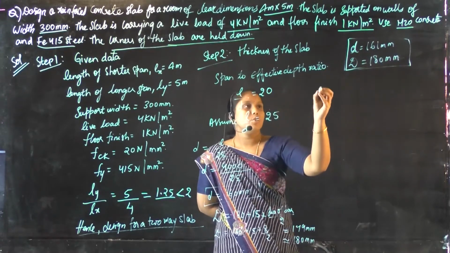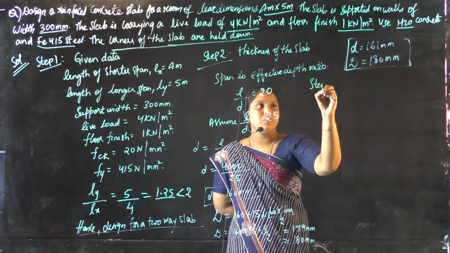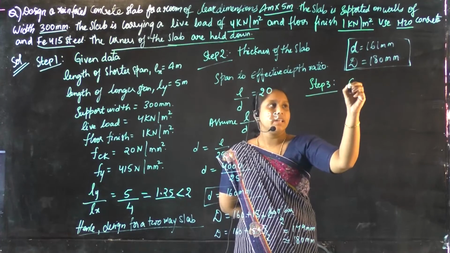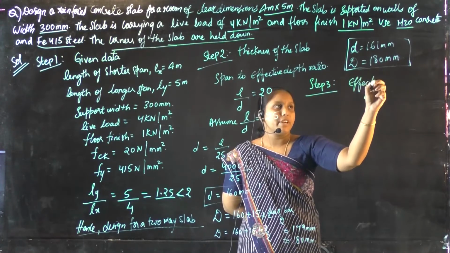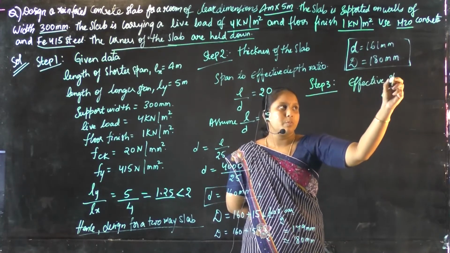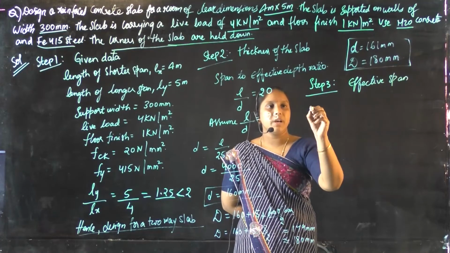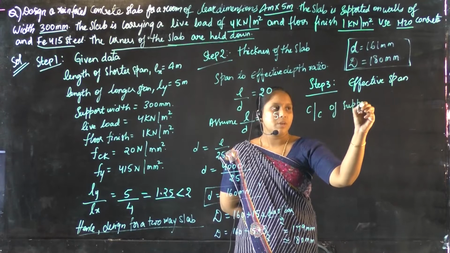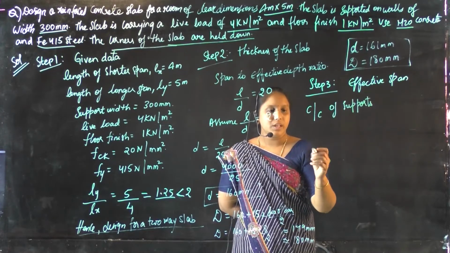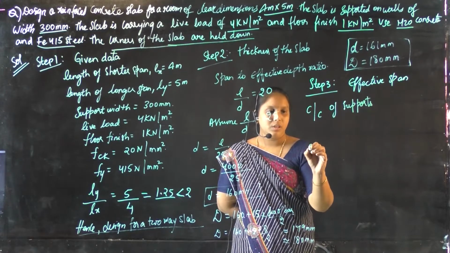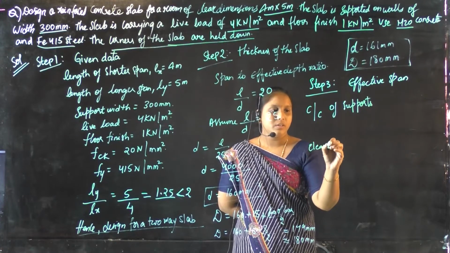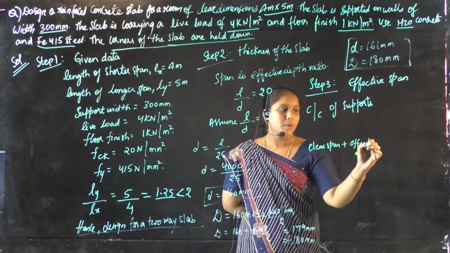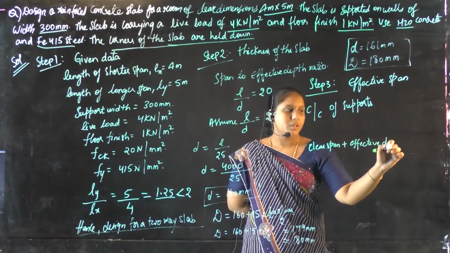So what is the next step we have to do? Step 3 is to calculate the effective span. How will we calculate the effective span? It is the center to center of supports, or the clear span plus the effective depth.